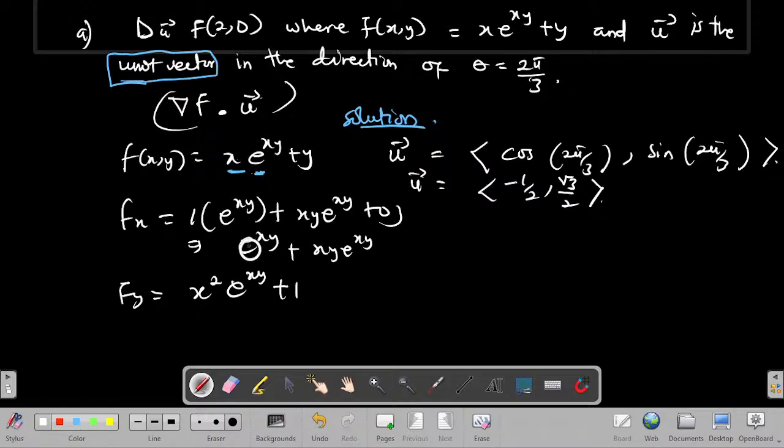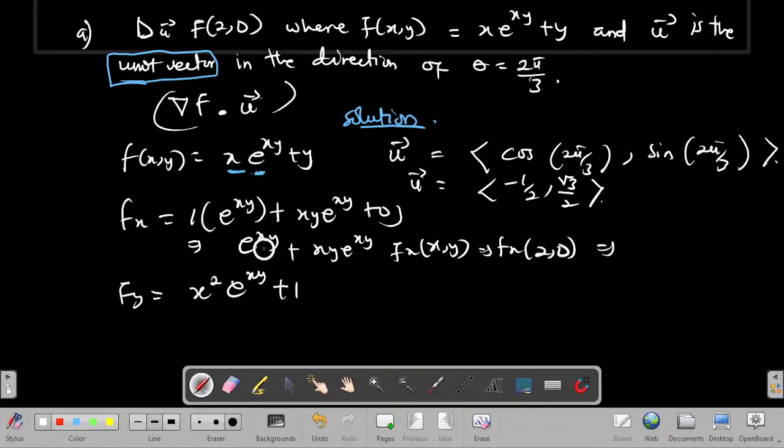So this is the first step. Now we have our partial derivatives ready. But remember, we want to find the partial derivative at the point 2, 0. So let's find fx of x, y, which now becomes fx of 2, 0.